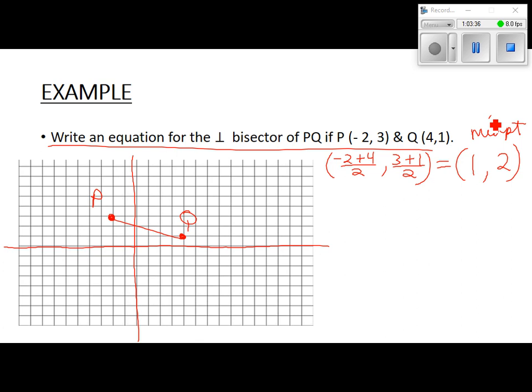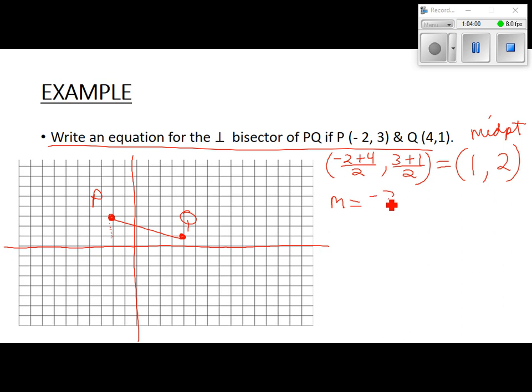What did the third step say to do? Find the slope. Now we could find the slope by using the slope formula, or we could find the slope by doing rise and run. It might be easier if you graph it to just do rise and run. Here, how much do I go down? 2.